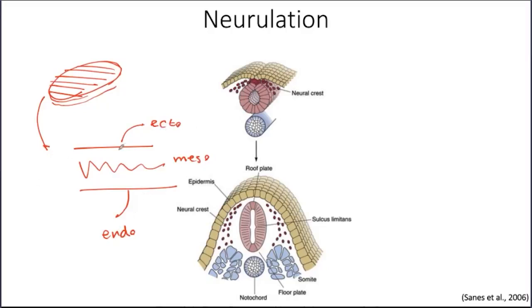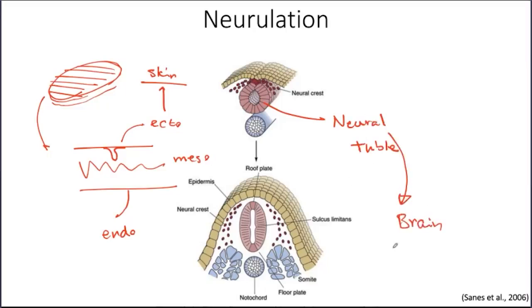From the ecto part, which is supposed to make skin, we basically make the skin from the ectoderm. But a piece of the ectoderm would go inside and eventually make what we call the neural tube, which is the building block of the brain and spine.